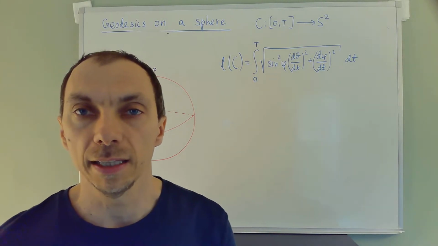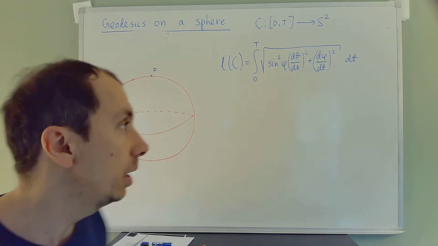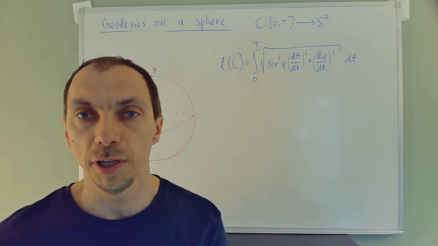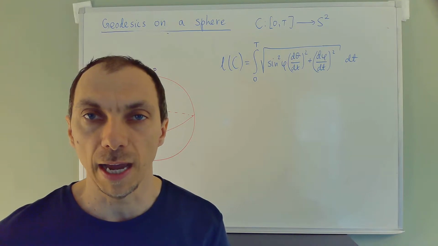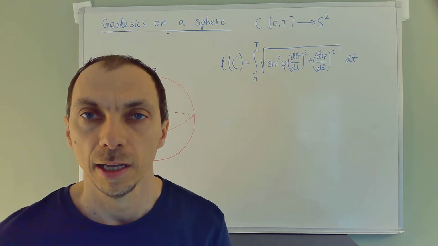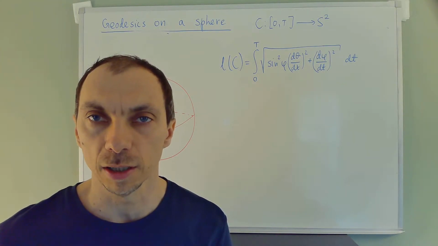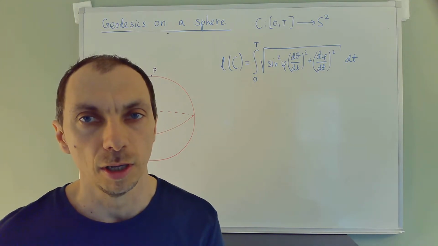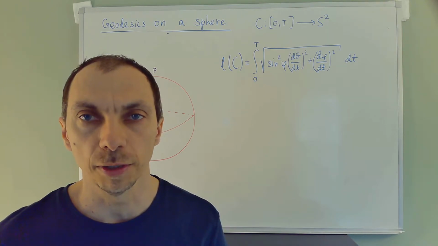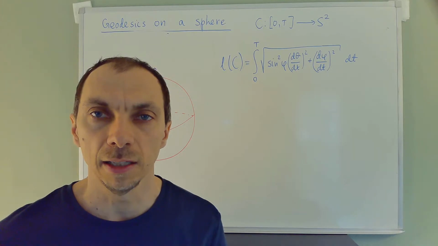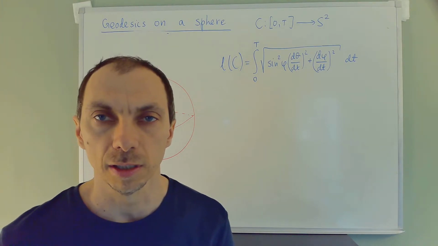First of all, we had last time placed our point P as the North Pole and our point Q on the sphere so that it actually lay on the xz plane. What that meant was that the spherical coordinates of point P were both 0, while the spherical coordinates of the point Q were 0 on the theta and phi 0 on the phi coordinate.